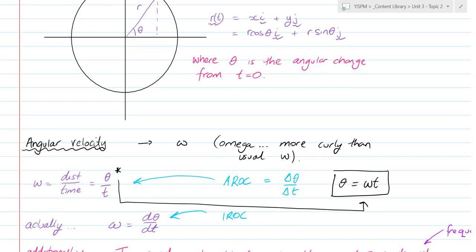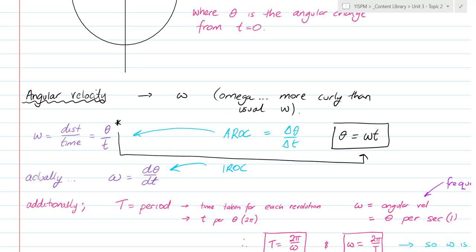So omega is the angular velocity, which means that it's the change in the angle and it's the rate of change of theta. That's delta theta over delta t, which is our average rate of change of theta over time.